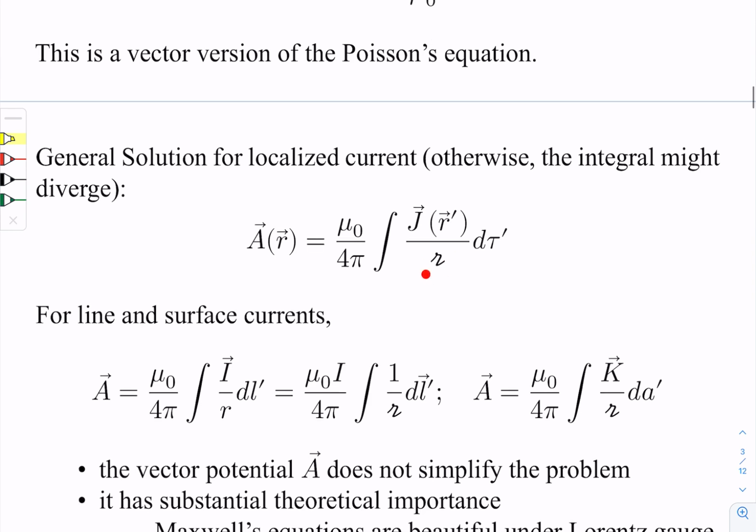The separation vector is the vector between the source and the observation point. So we can apply this expression to a line current and a surface current. In this case, the three-dimensional integral simply becomes one-dimensional, or two-dimensional.